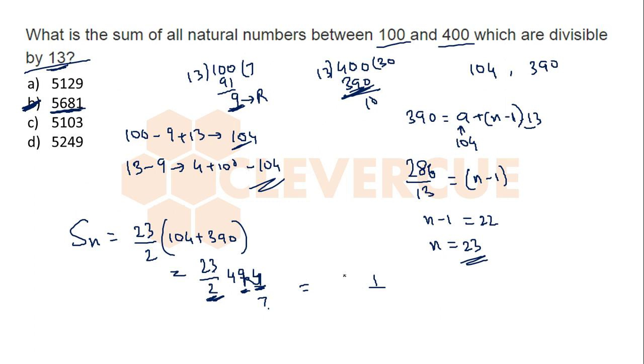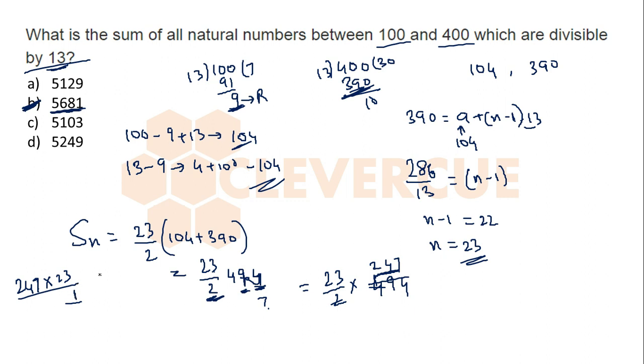Now if you divide, here you have 23 by 2 into 494. 494 divided by 2 is 247. Now multiply 247 with 23. You will get 1 in the last digit. 23 into 7 is 140 plus 21, that is 161.